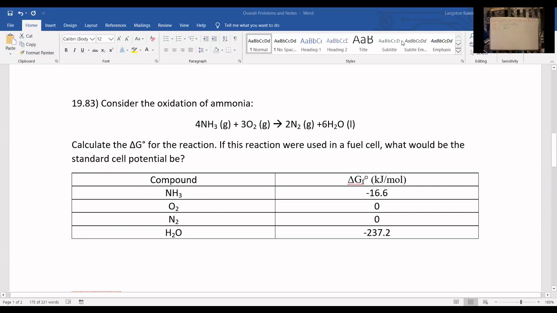How do we find the amount of electrons transferred? Ooh, good question.